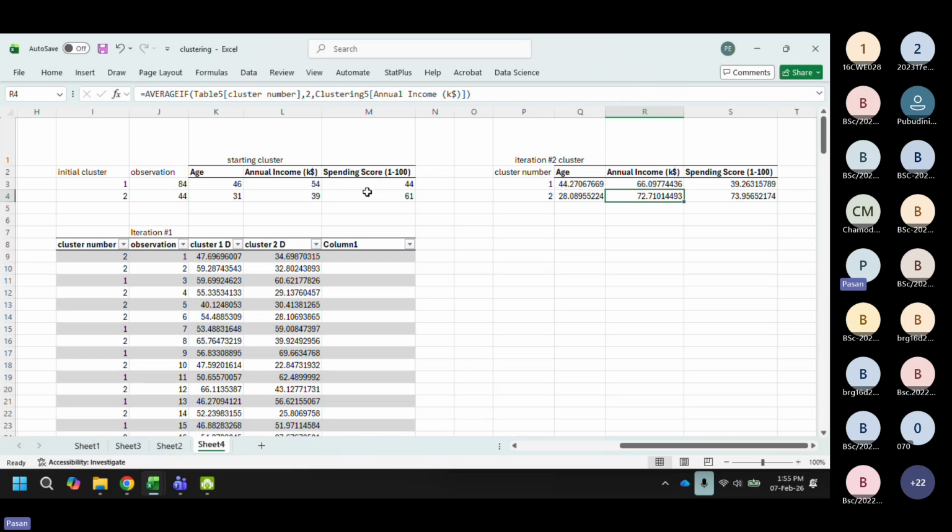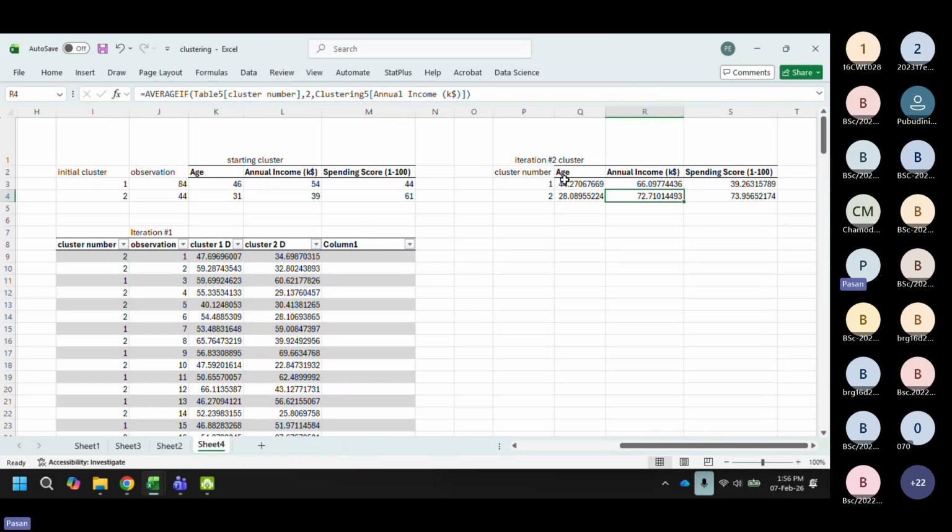And this has 44, but changes to 9.2. So you can see some changes there. And this 39 goes to 72, so that's a large change. And 61 goes to 73 or 74. So these are some observations, where some have a larger difference and some of them are close. So these are going to be my new values.